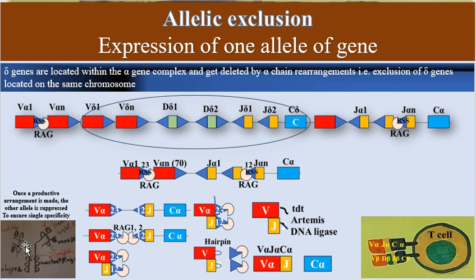To ensure single specificity, heavy chains should come from one allele, either from maternal or paternal alleles, and this is true for the light chain as well. This is to ensure a single specificity.